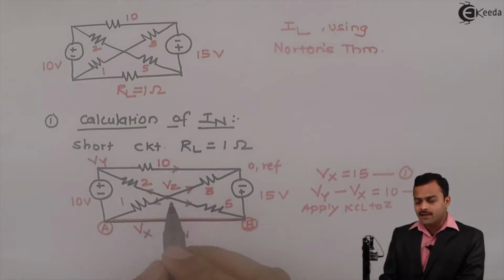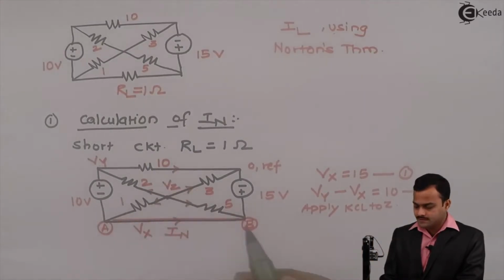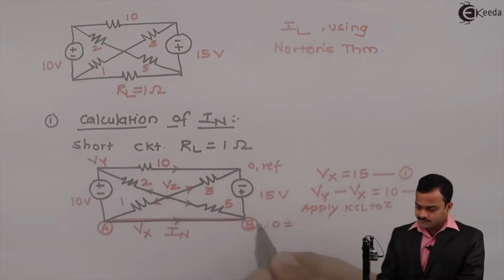So all branches I have considered as outgoing current branches. So let's write the equation. So 0 is the incoming current, equal to, for this current it has started at Z, ending on reference, resistance is 3.